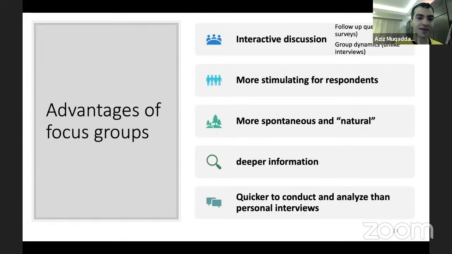And all of a sudden, every one of you has a lot to say. You just start talking and talking and exchanging. I could get a sense of what the group members feel is a more important topic, just by their sheer reaction. And that's why it's quicker to analyze. Whereas if it's one person, you cannot read that between the lines, what exactly they feel more enthusiastic about or not.